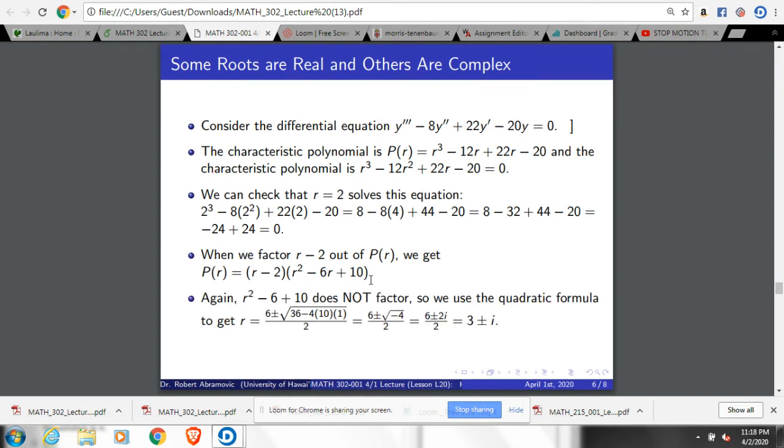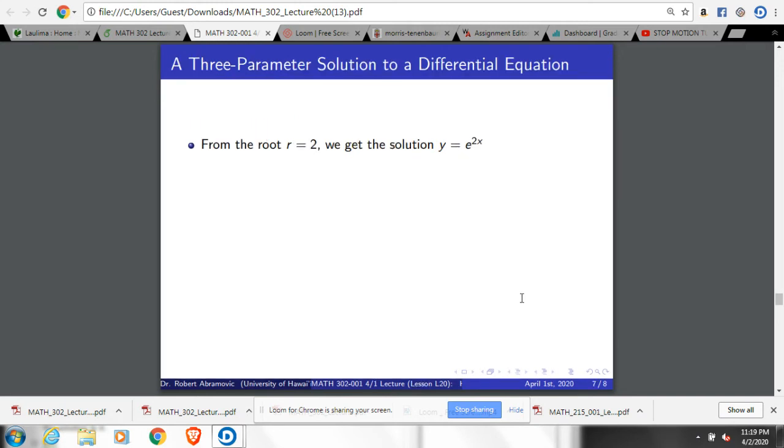Now, r squared minus 6r plus 10 does not factor, so we're going to use the quadratic formula. If we apply it, a is 1, b is minus 6, c is 10, we get r equals 3 plus or minus i. And what are we left with? A three-parameter family of solutions to the differential equation.